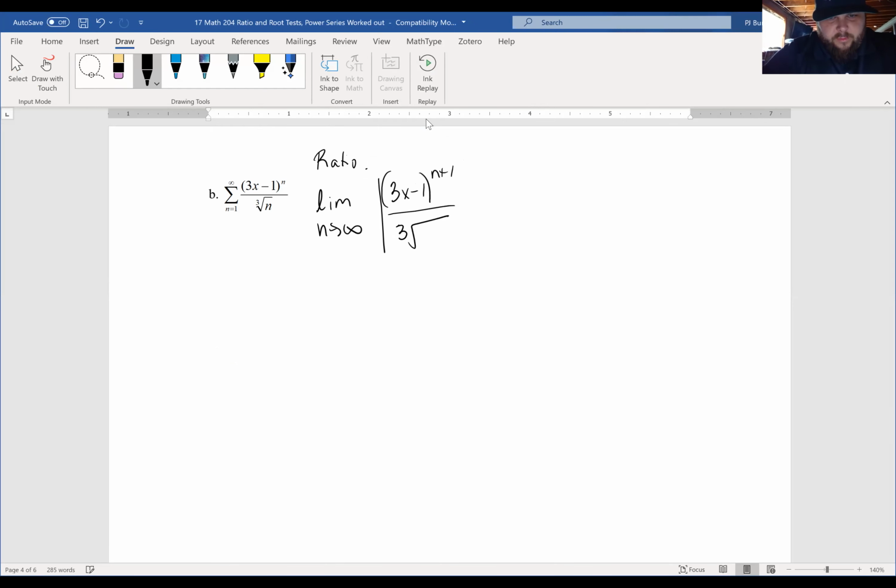This is going to be the cubed root of n plus 1. Then I'm going to multiply by the reciprocal of a sub n, which would be that. And my goal is for all of this to be less than 1.